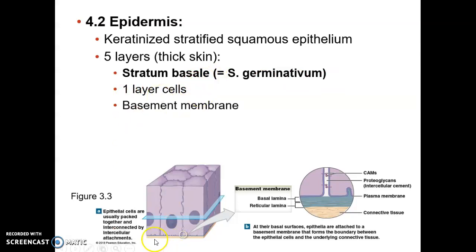It is attached to the underlying connective tissue by the basement membrane, highlighted here, or magnified here. And there are basal stem cells there that divide via mitosis, and the stem cells, once they divide, produce keratinocytes, which are the cells that produce keratin, so the cells of our epidermis.